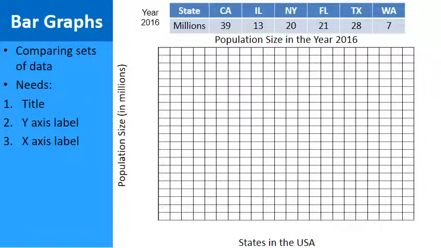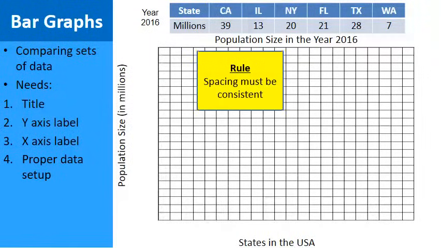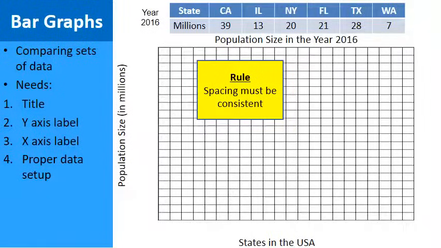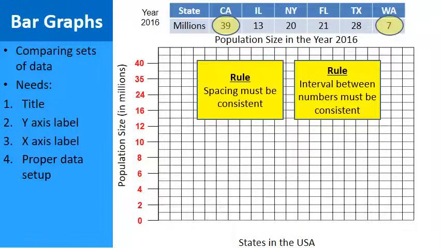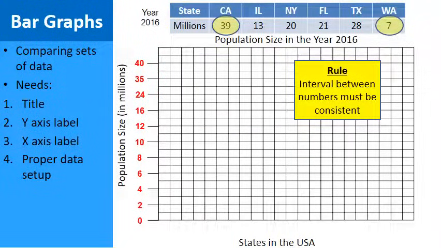So now we have to set up our data here. We're going to focus on the y-axis. Again, the rules: spacing must be consistent and the intervals must be consistent. The low number we have to graph is Washington at 7 million, and the high number is 39. Now 7's close enough to 0 where I might go ahead and actually start at 0 and go all the way up. But I hope you see what rule I violated. I violated the intervals.